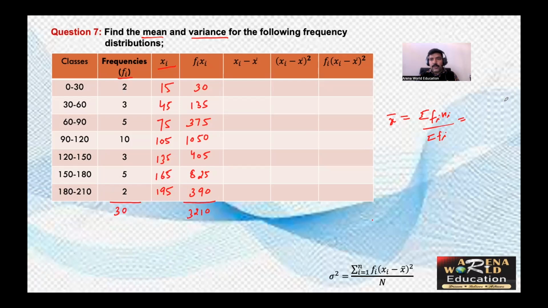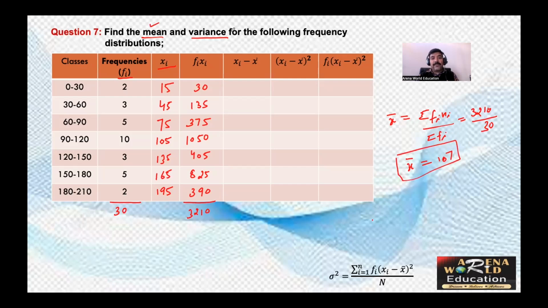So now X bar will be 3210 divided by 30. The required mean will be equal to 107. So 107 is the required mean for the given data, right?